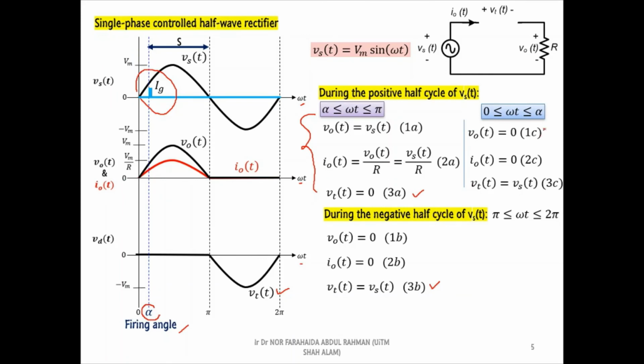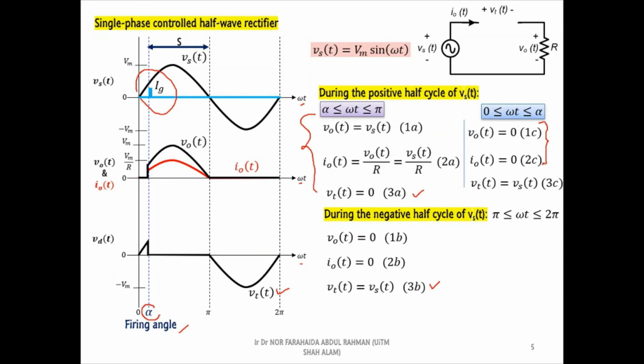Based on these voltage and current equations, we can see that we need to chop the output voltage and output current waveforms before alpha. Additionally, we need to sketch the waveform of the thyristor voltage similar to the supply voltage waveform.